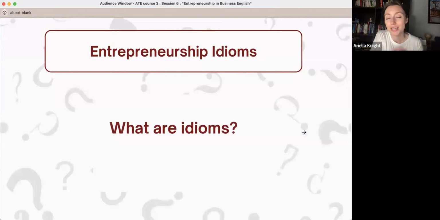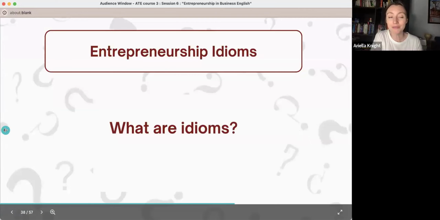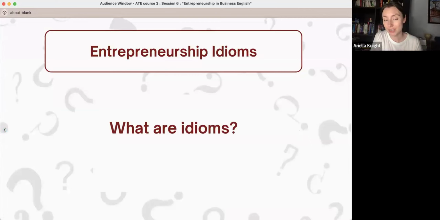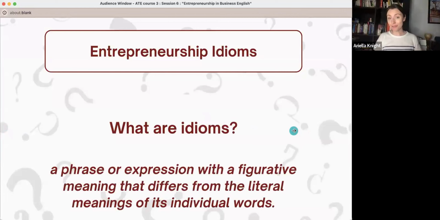Awesome. So I have one more little thing I want to do with us. I realize we're almost at the end of time here, so we'll just do a few of these, but essentially we're doing idioms, some good idioms to know about entrepreneurship. An idiom is a phrase or an expression with a figurative meaning that differs from the literal meaning.